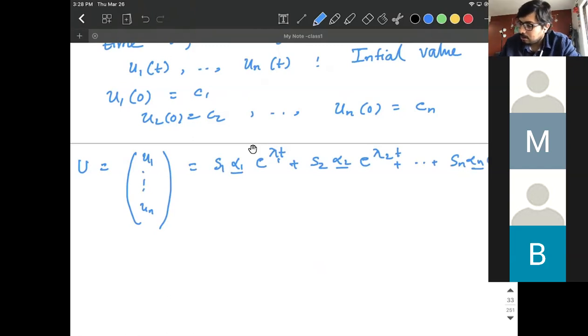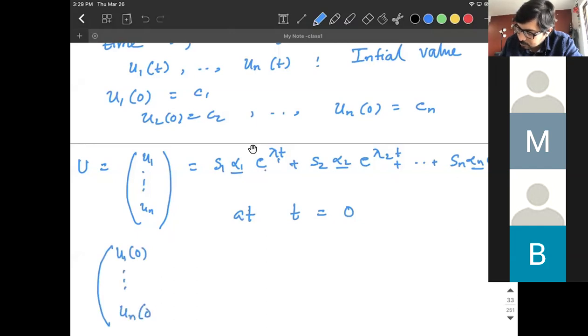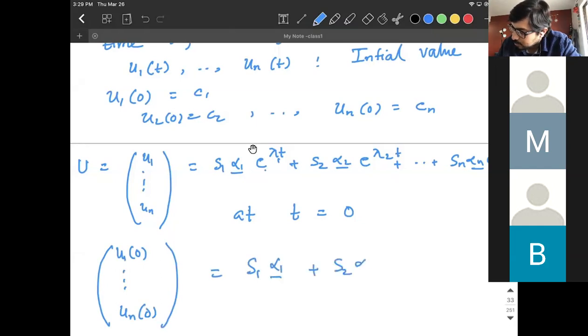Okay. Now at t equals 0, what happens? On the right hand side, e to the lambda i times 0, so e to the 0 is 1. So what you have is the following system: u1(0) up to un(0) is given by s1 alpha 1 under bar plus s2 alpha 2 under bar and so on.